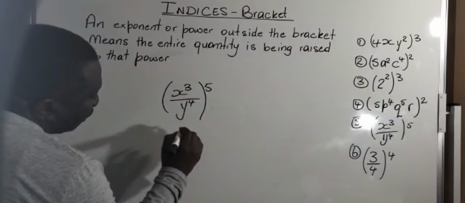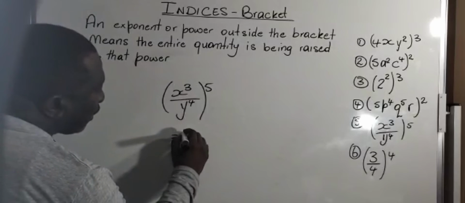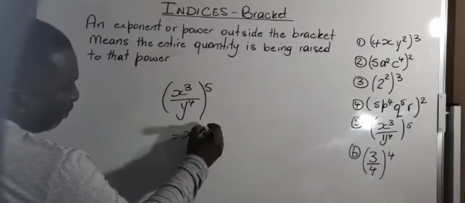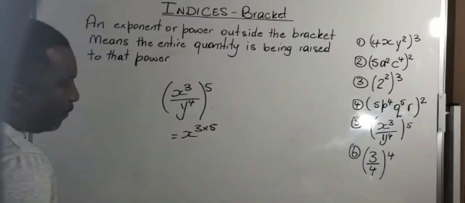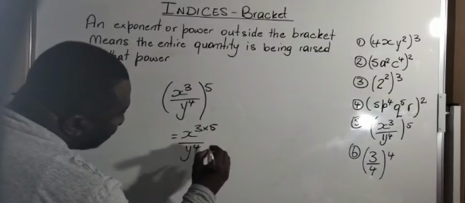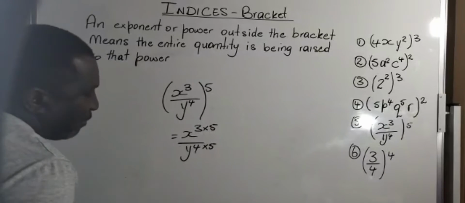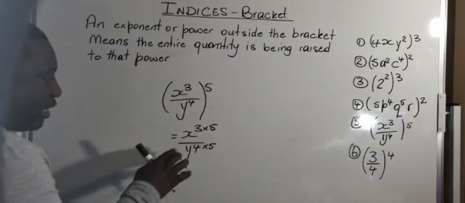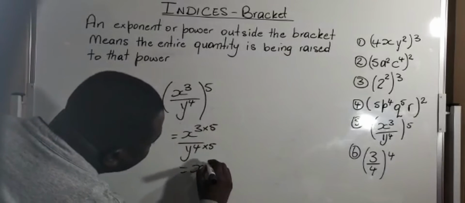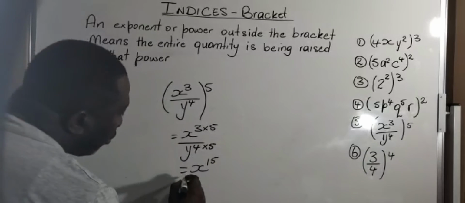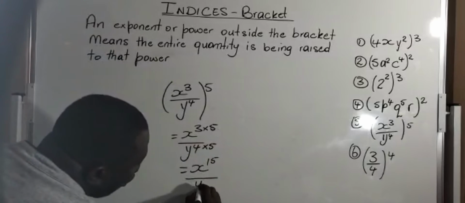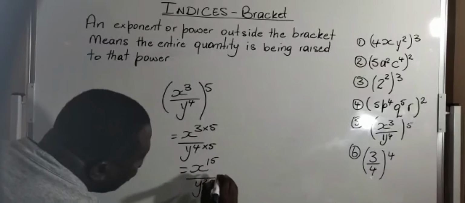Hence, guys, this will result in x to the 3rd being multiplied by power of 5. Likewise, y to the 4th is being raised to the power of 5, multiplied by 5. Our final outcome will be 3 times 5, which will give us 15. So x to the 15th power over 4 times 5, which will be 20, y to the 20th power.